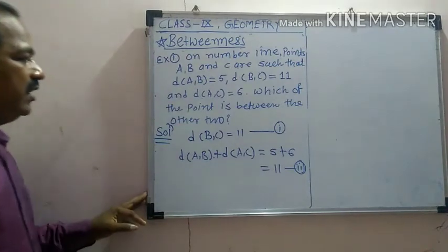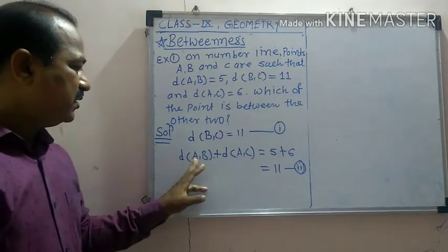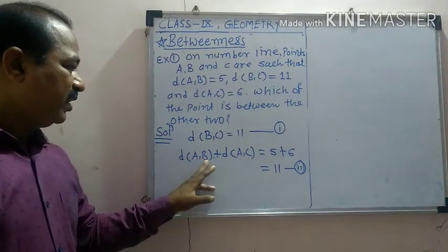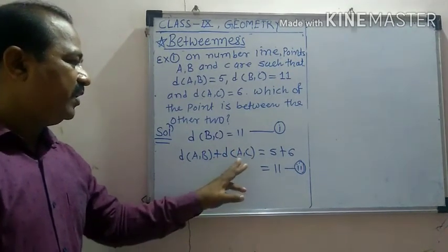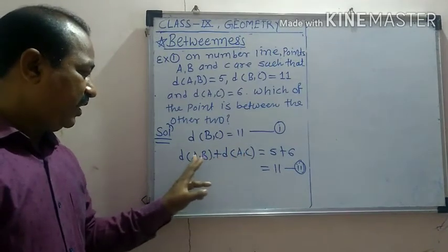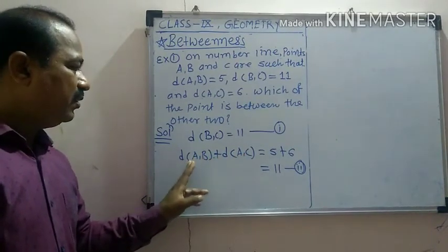If you observe 1 and 2, you will see that distance between AB can also be written like BA.